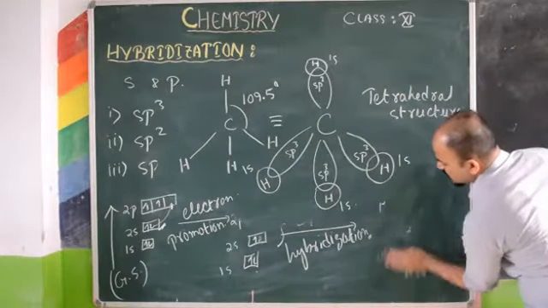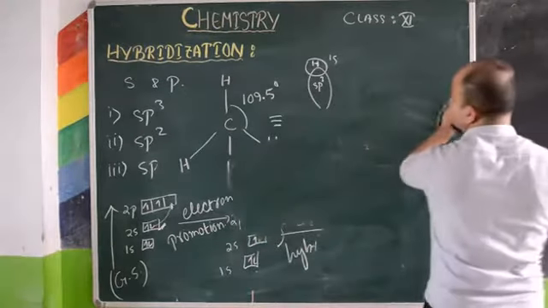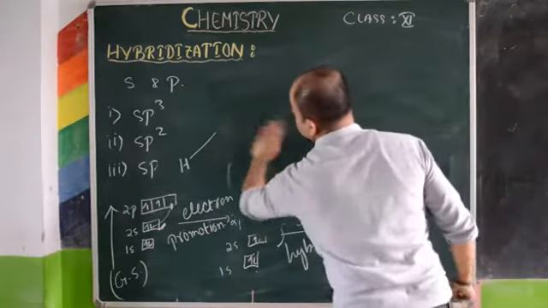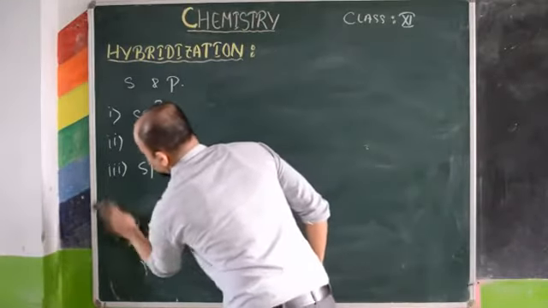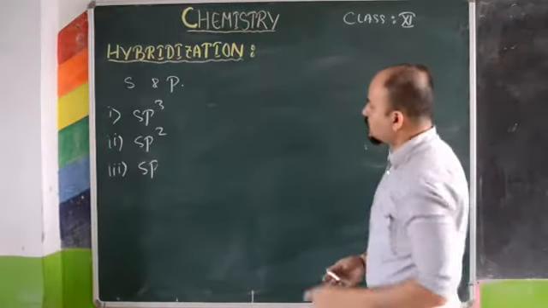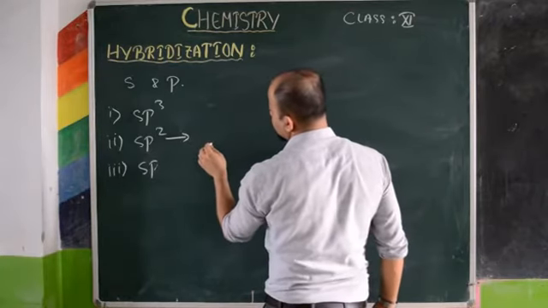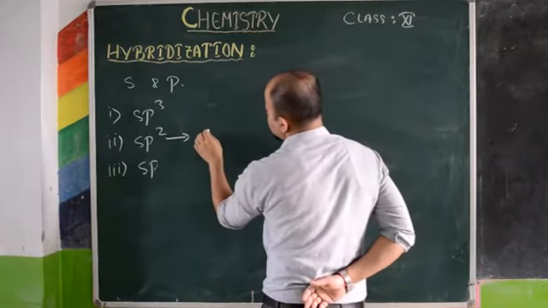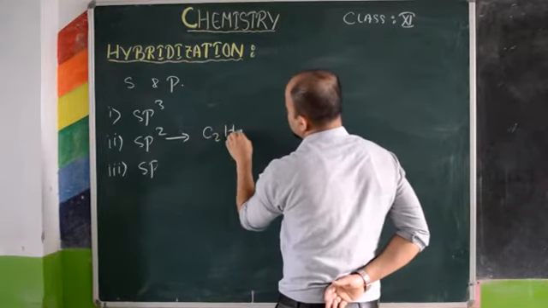So let's now discuss sp2 hybridization. In sp2 hybridization, you can take the example of ethene, that is, you have two carbons and four hydrogen.